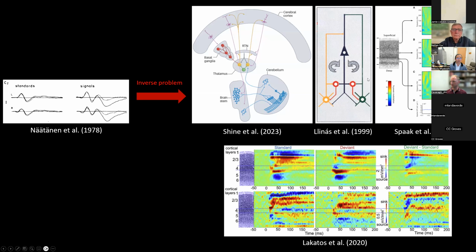And the cortical layer has 5 or 6 major layers, and those layers receive differential modulation and control by the different thalamic nuclei, and those layers generate different activities, which was studied by Lakatos recently. So there is almost 40 years difference between this Näätänen study and the Lakatos study in 2020. So this is an inverse problem we see.